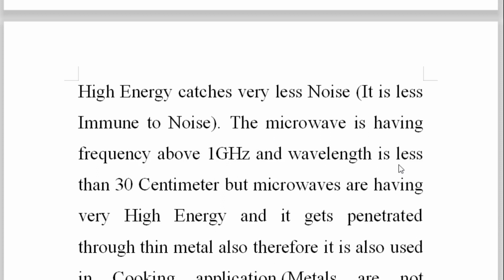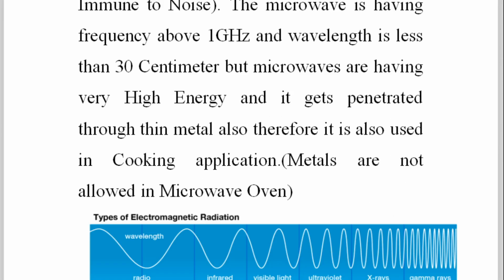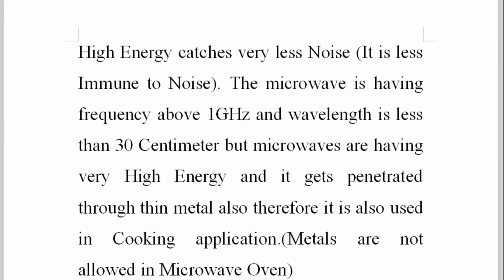If you take a 1 gigahertz signal, you calculate lambda using f equals c divided by lambda, and you'll understand that the wavelength lambda will be very small. Giga means 10 raised to plus 9 hertz, so here it is less than 30 centimeter.